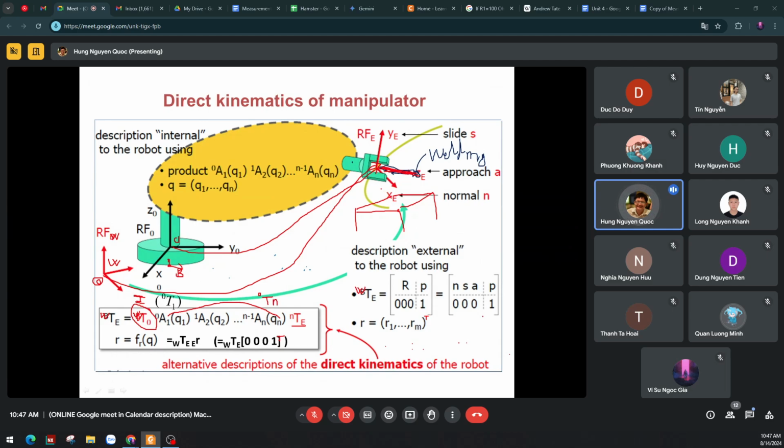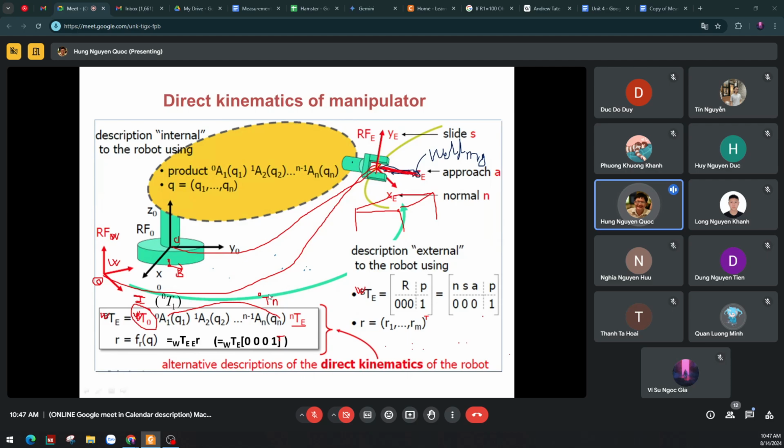We have n degrees of freedom, then T0N, as I showed you before, and TNE. If the N and the E are the same, then TNE is just the unit matrix. So that is the general problem.